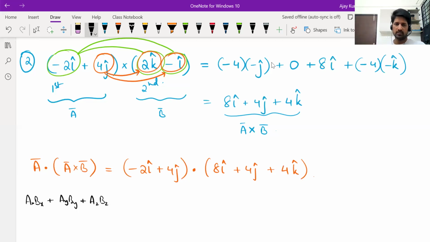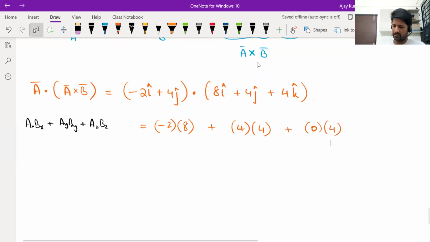You just have to multiply their corresponding scalar components separately and add them. No direction, no I cap, J cap, K cap will be written. So here AX is minus 2, BX is 8. That's the first term. AY is 4, BY is also 4. That's the second term. A doesn't have a Z component, B has a Z component, but it doesn't matter anyway. So minus 16 plus 16, the answer is 0.